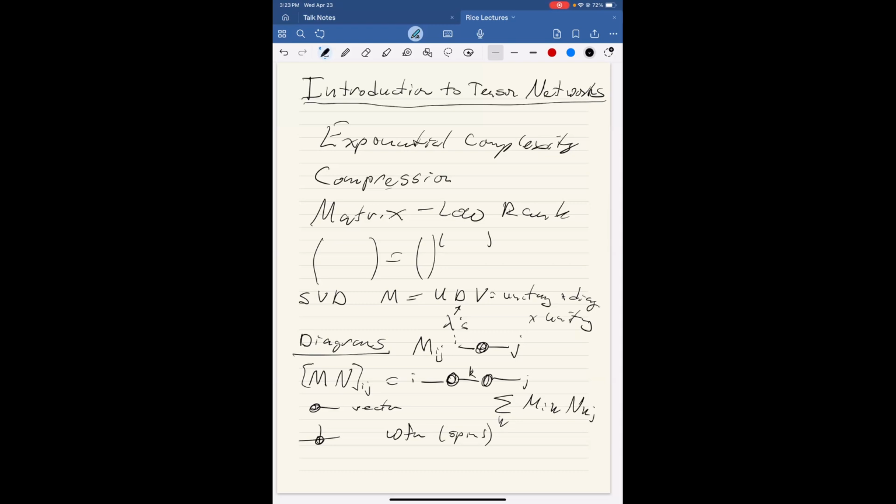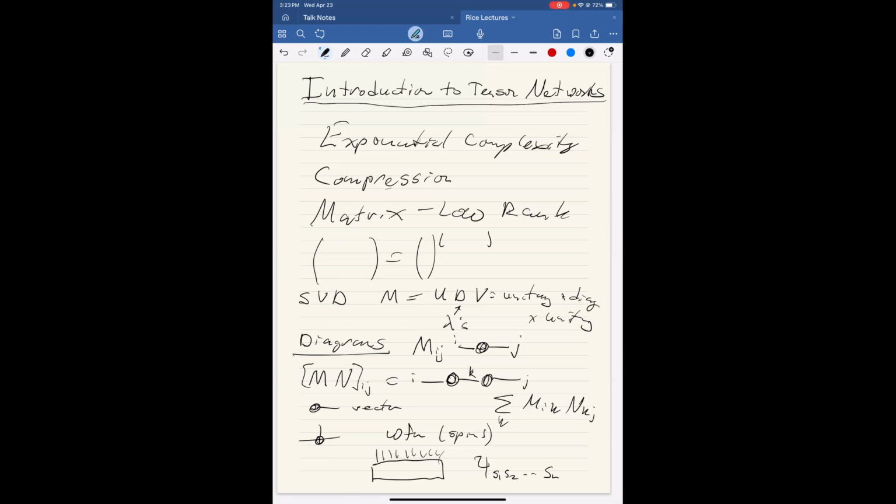The thing that makes wave functions difficult is they have a lot of legs. So there's a wave function, and it's just psi of S1, S2, up to Sn. So a lot of legs, and that's what makes it exponentially difficult.